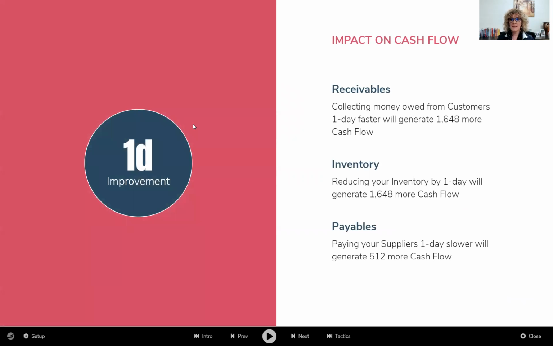For this business, if there's a 1-day improvement in receivables, so you collected your money 1 day faster, that would generate $1,648 more cash flow in the business. That also relates to inventory. If they sold their inventory 1 day faster, it also produces $1,648 more cash flow.